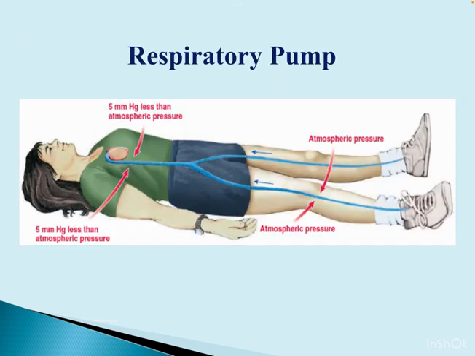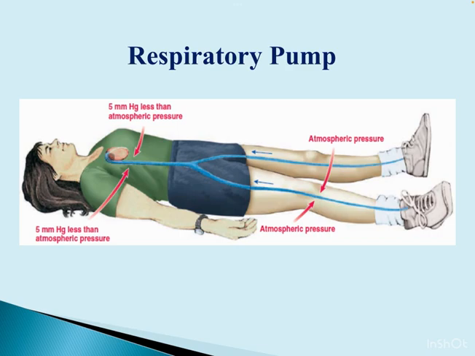Another is the respiratory pump. As a result of respiratory activity, the pressure within the chest veins is 5 mmHg less than atmospheric pressure, while the vessels in the abdomen and lower extremities are at atmospheric pressure. So there exists a pressure gradient between the lower veins and the chest veins, which drives the movement of blood flow towards the right atrium.